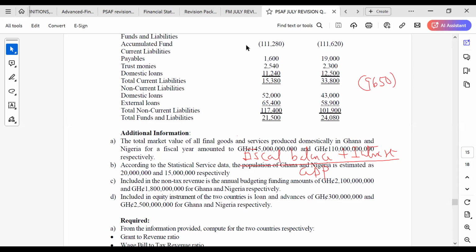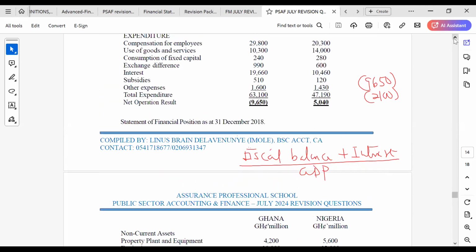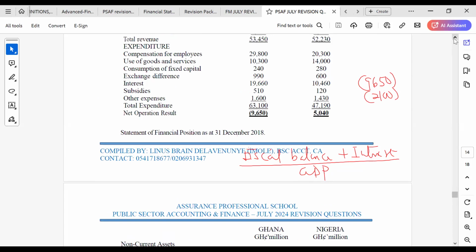So now removing it means that it must be subtracted, because it was first treated as revenue. So you bring the subtraction here. Okay, that is for Ghana. Interest should not be part of the primary balance, because interest is not one of the primary expenses that we have to incur. So the interest, which has been subtracted, needs to be added back. So we have 19,660. So what are we going to be having?